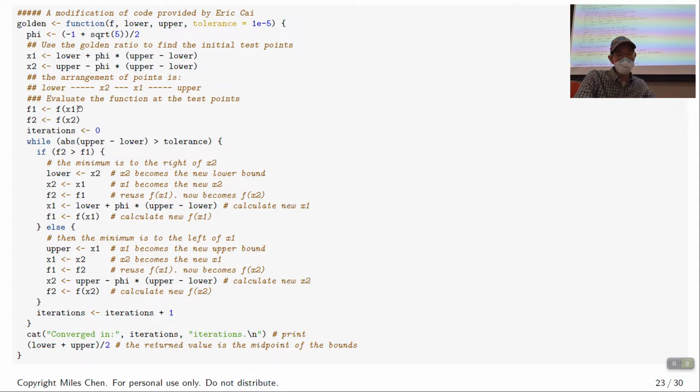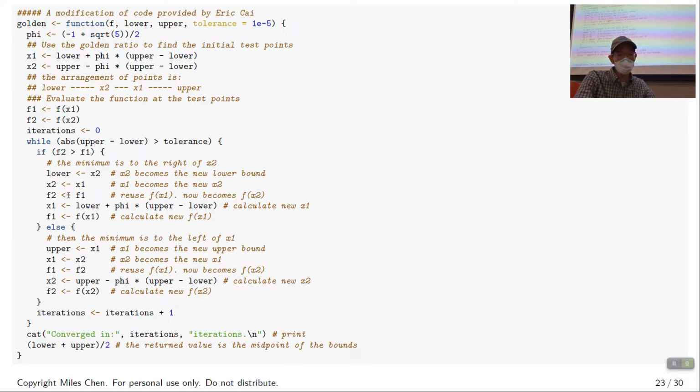We're going to evaluate the function at x1 and x2, and this will be f1 and f2. If f2 is greater than f1, we will throw away everything to the left. Then x2 becomes the new lower bound, x1 becomes the new x2, f1 becomes the new f2, so I don't have to recalculate anything.